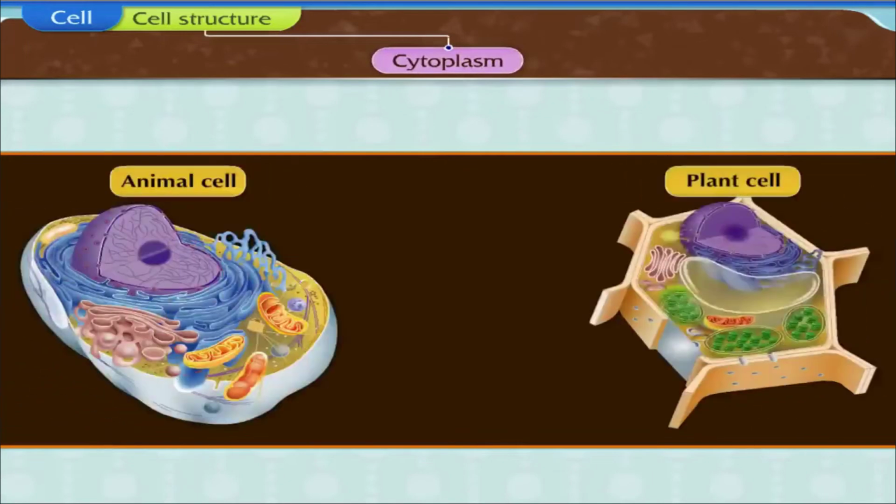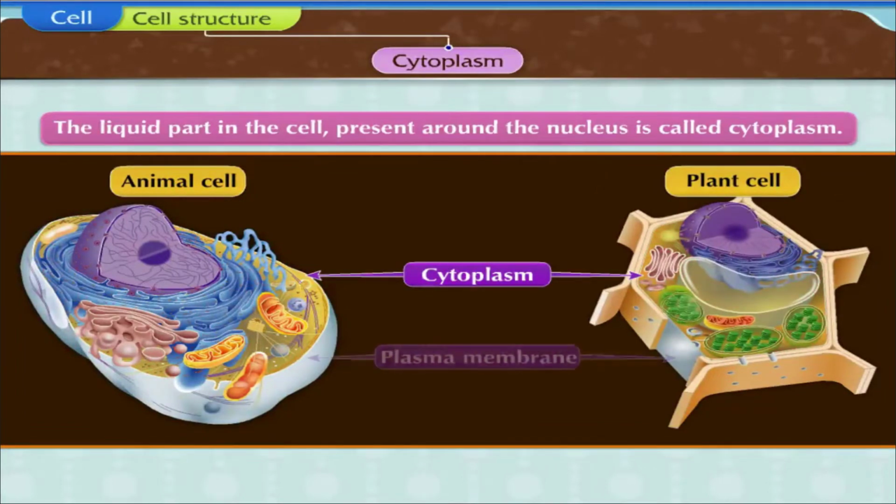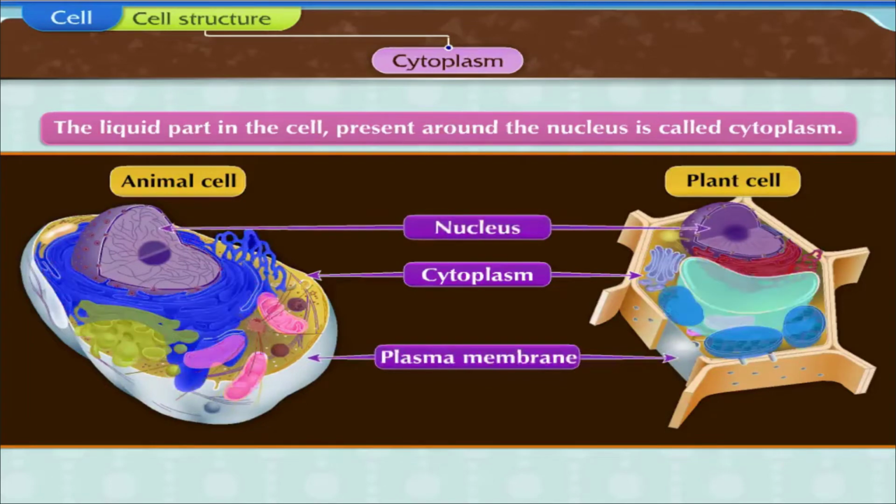Cytoplasm. The liquid part in the cell present around the nucleus is called cytoplasm. It occupies the space between the plasma membrane and nucleus. Cell organelles are scattered in the cytoplasm. Cell organelles.